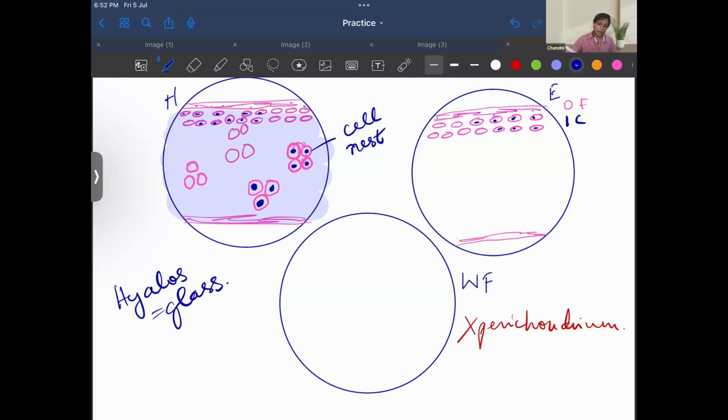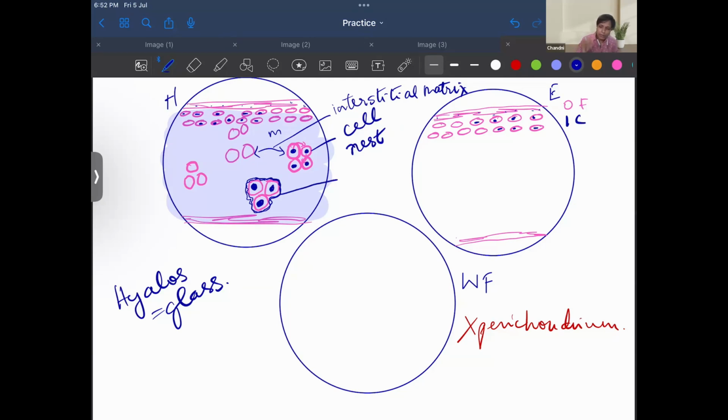Okay. Now the matrix I told you, right? If you look at this matrix, it is slightly bluish, correct? This is all in between these cells, so it is called interstitial matrix, because it's in between clusters. But what happens is the area immediately around it also picks up a slightly darker hematoxylin stain, okay?